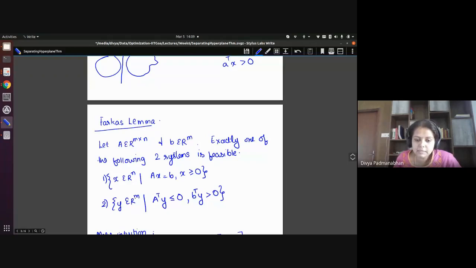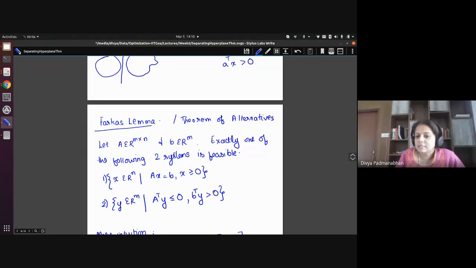The other system is where you're looking for an element y in R^m such that A^T y ≤ 0 and b^T y > 0. These are two systems, and the claim is that exactly one of them is feasible. For this reason, this is also called the theorem of alternatives, or Farkas lemma.